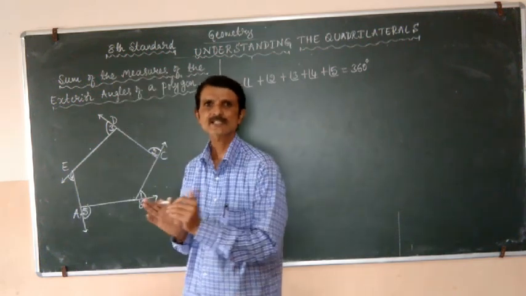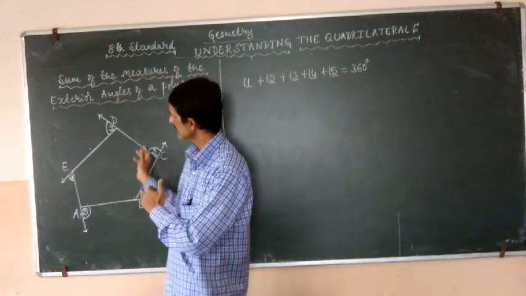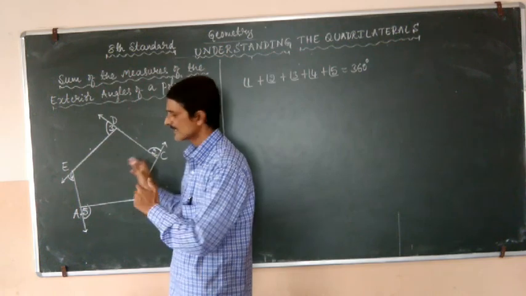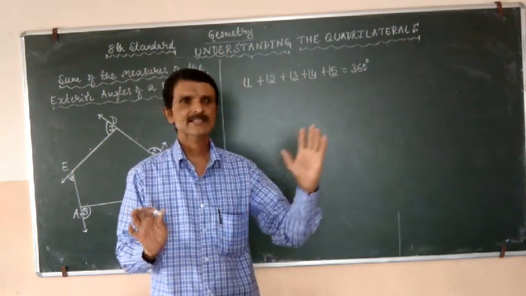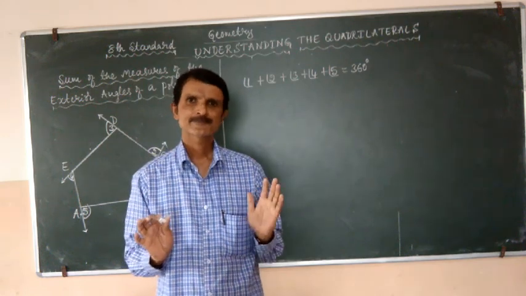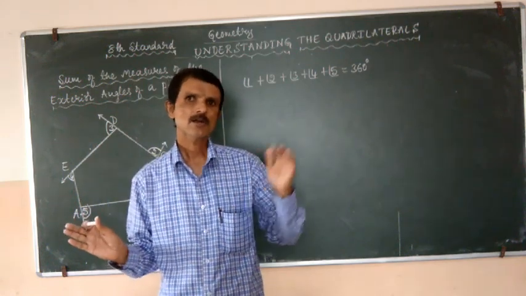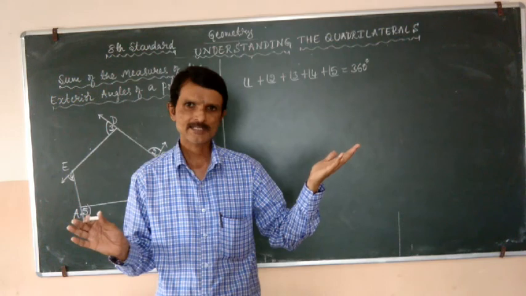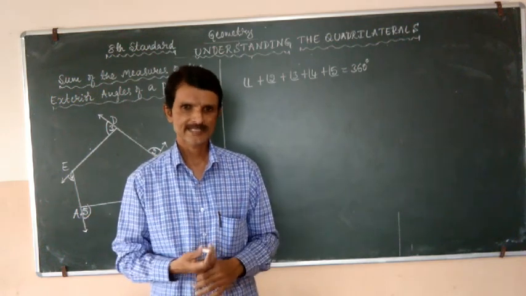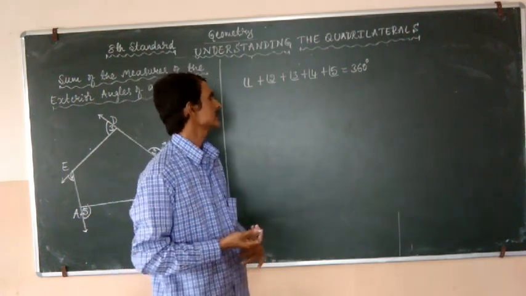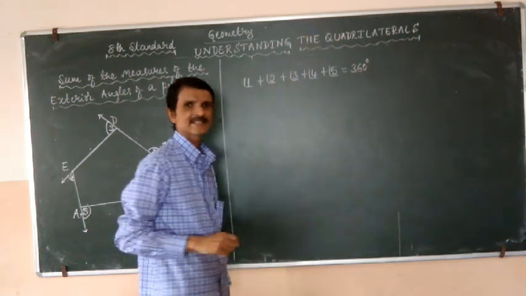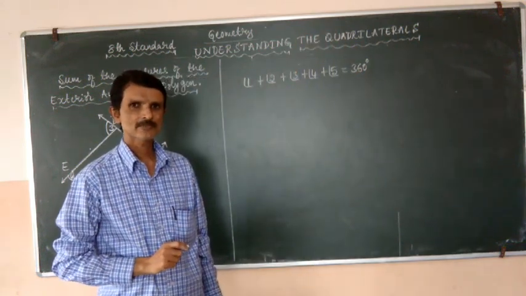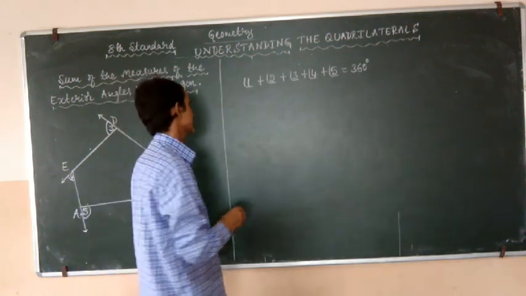But whereas in case of the exterior angles of every polygon, whatever you take, triangle or quadrilateral or pentagon or hexagon, it will always be equal to 360 degree.